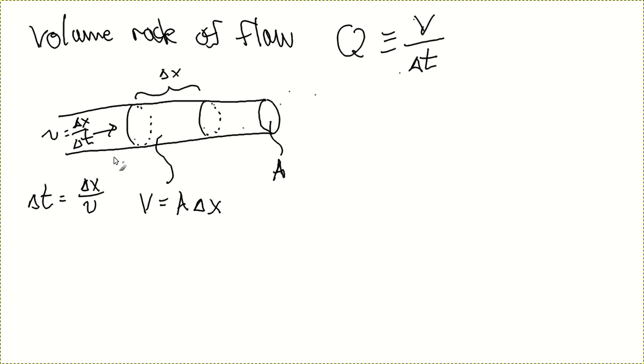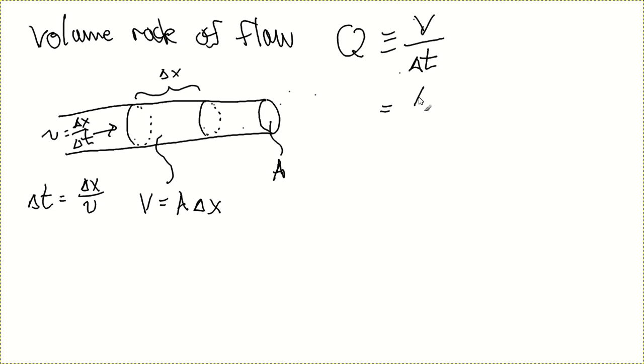Now, be careful both with my handwriting and yours to distinguish somehow between volume, which I'm writing here as a capital V, and velocity, which is a lowercase v, and my lowercase v's always have these little tails so I can tell the difference. So let's substitute these into the definition for volume rate of flow.